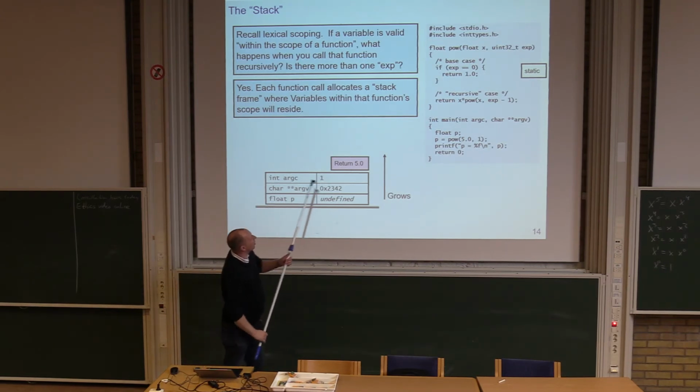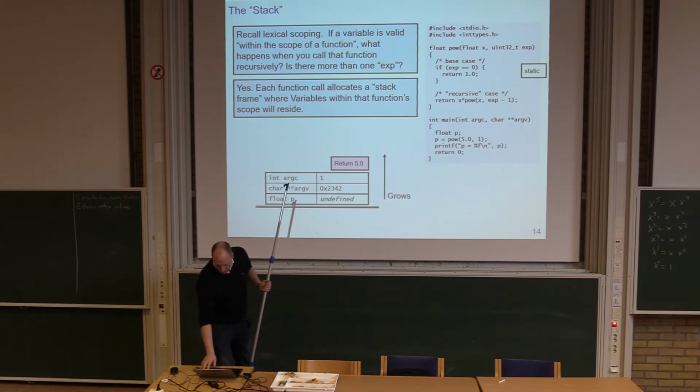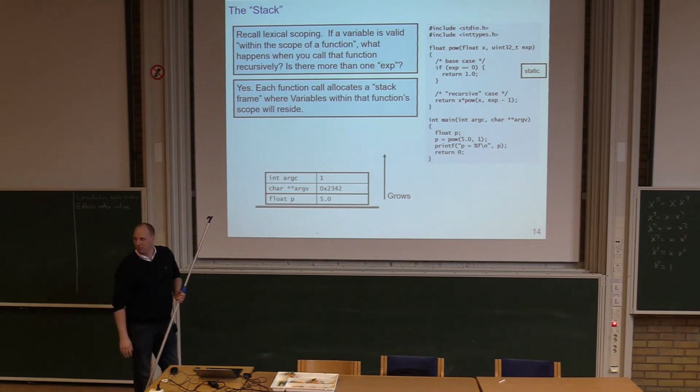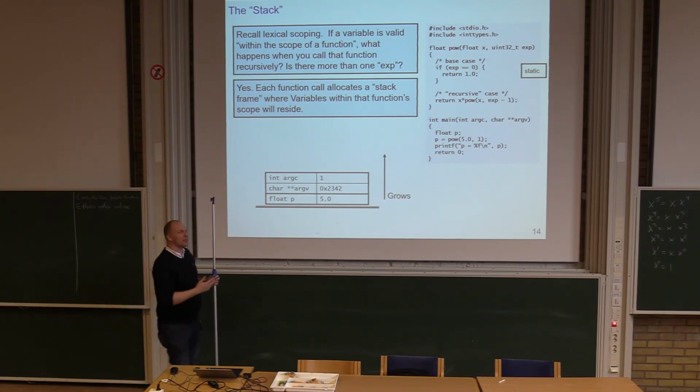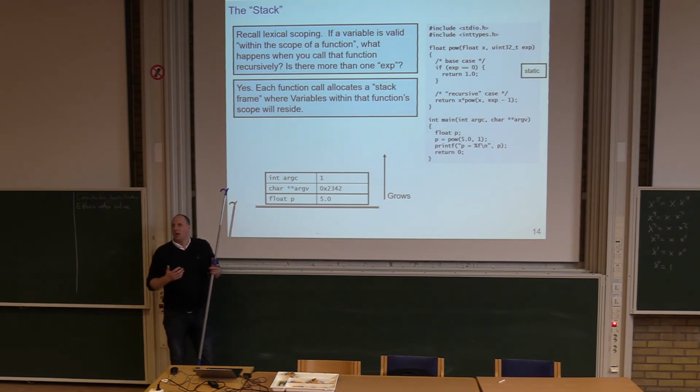Okay, and now we will return back to the main function here. So then we can assign p the value 5. So this is basically the only thing you need to understand to get what recursion is.